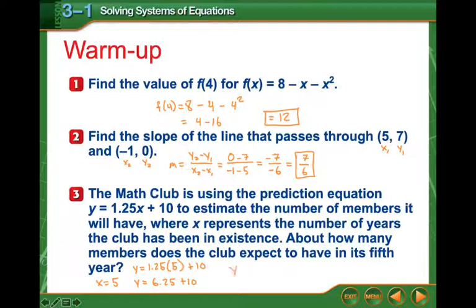And that gets us a y value of 16.25. So they can expect to either have 16 or 17 members, not students. And there we go.